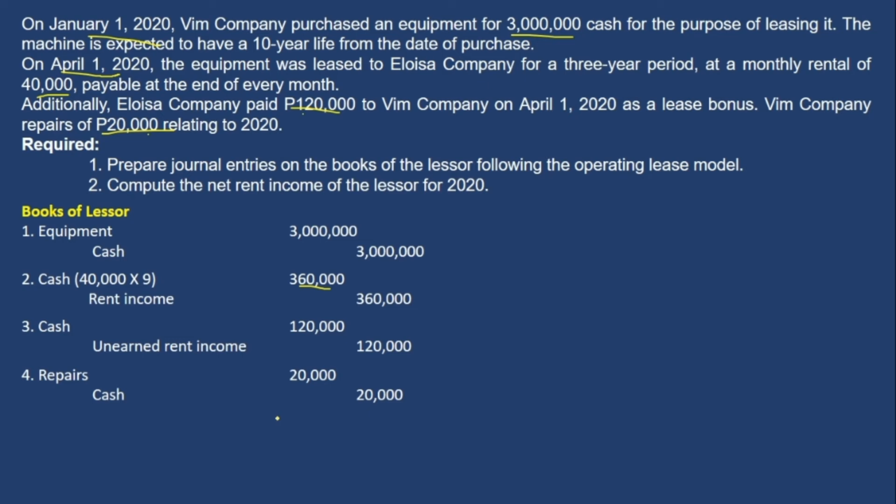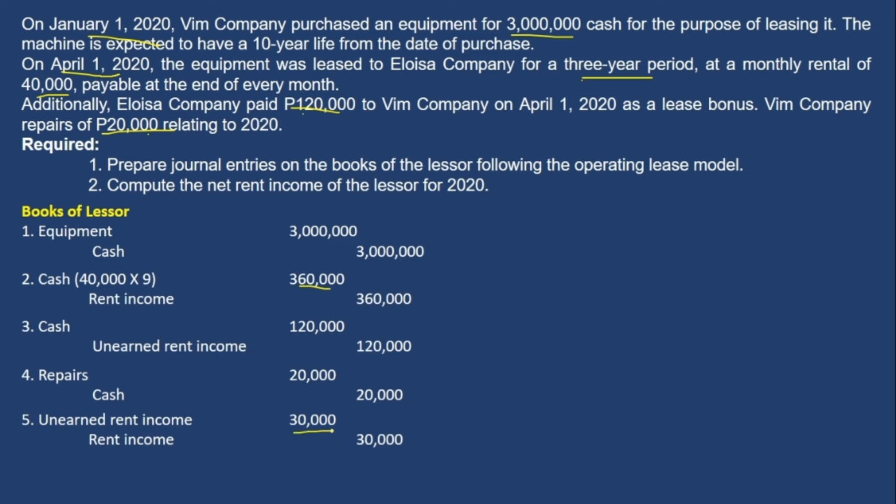Next, the lease bonus is amortized over the 3-year lease term. Debit unearned rent income, then credit rent income worth 30,000.